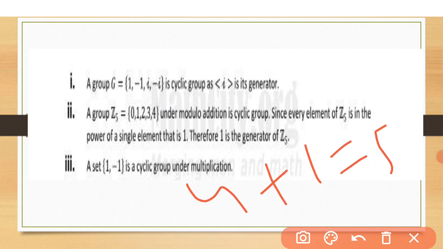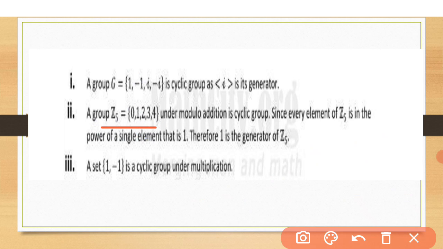As we are taking Z5, 5 has no remainder, that is why its remainder is 0, so the 0 element is also here. In this way, the 1 generates its complete group.